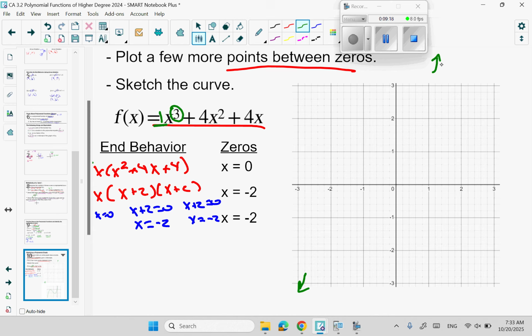I know that has to be true, down and up. So I can also plot my zeros at 0, 0, and negative 2, 0. I should also plot in between them to get the shape in between. So for example, what's a number between negative 2 and 0? That'd be x equals negative 1. So I should plug negative 1 into my equation.